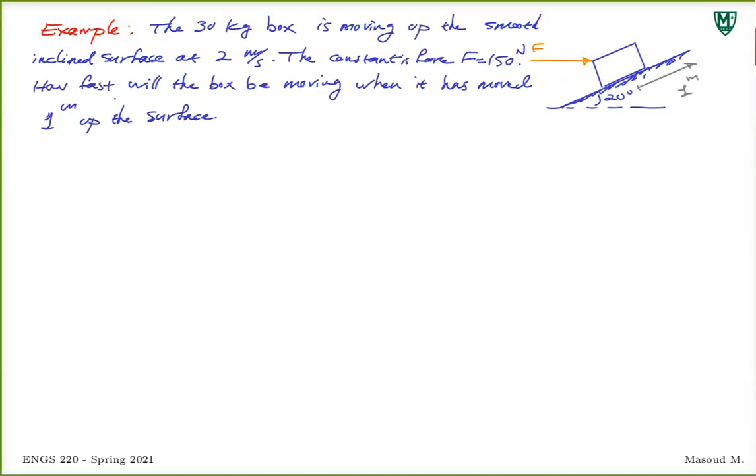That's not always easy to get, but in this case it's pretty straightforward. Since you're given velocity and how much it's moving, it should give you a sense that we're looking at the relationship between change in position and velocity. So let's form that equation.